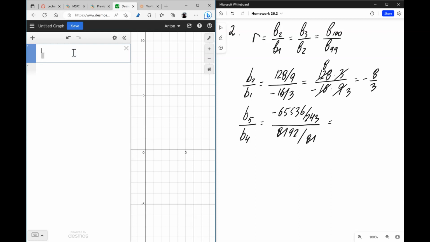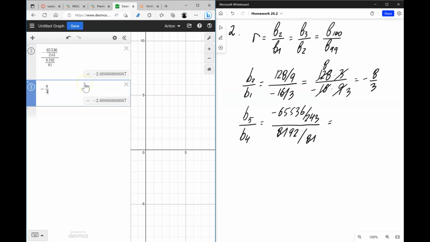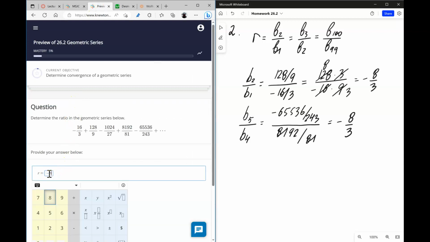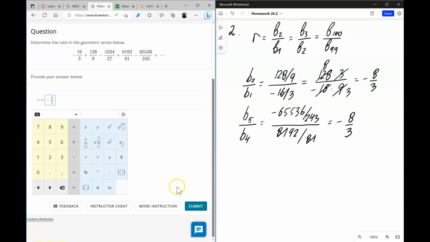We have negative 65536 divided by 243 divided by 8192 divided by 81, and that's exactly the same as negative 8/3. So that's our r. So the answer is negative 8/3.